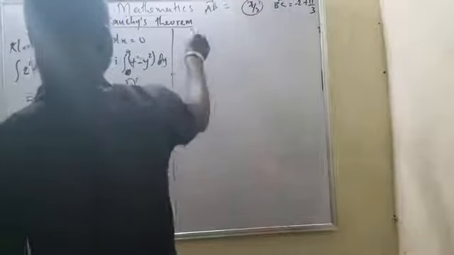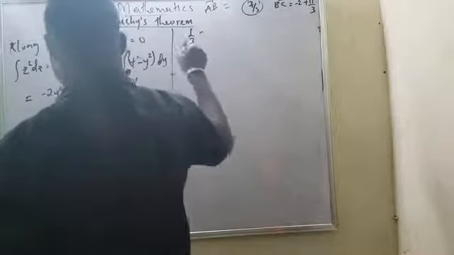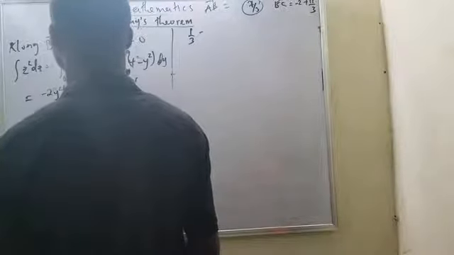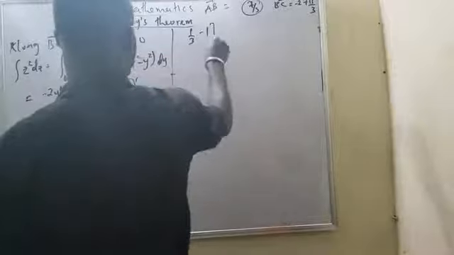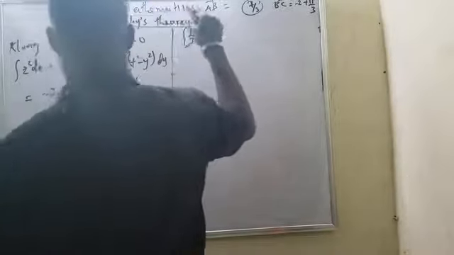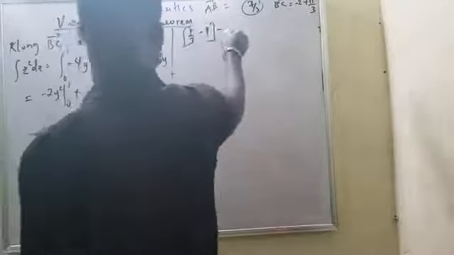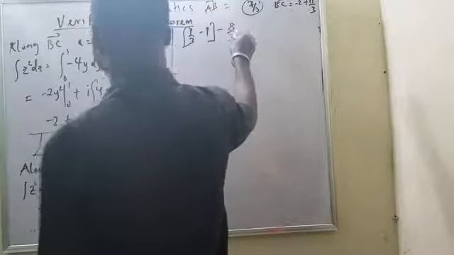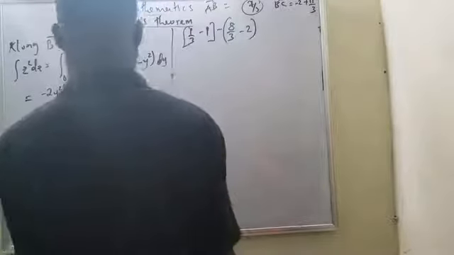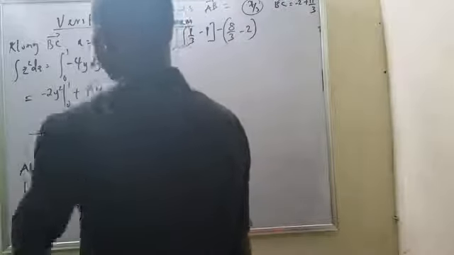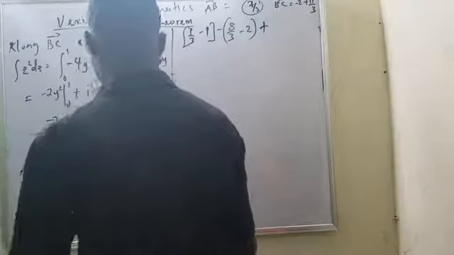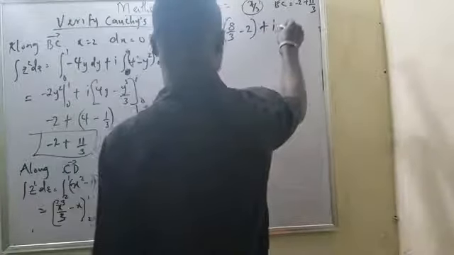Now, I'll be having 1 over 3 minus 1 minus, this one will be 8 all over 3 minus 2. And also plus, I'm having i into 1.